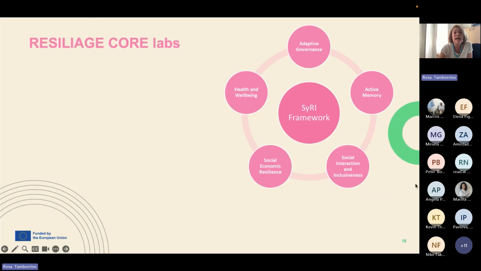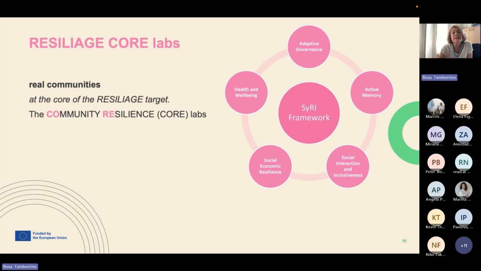So these are our, namely our core labs. That means that are our real communities at the core of our project.